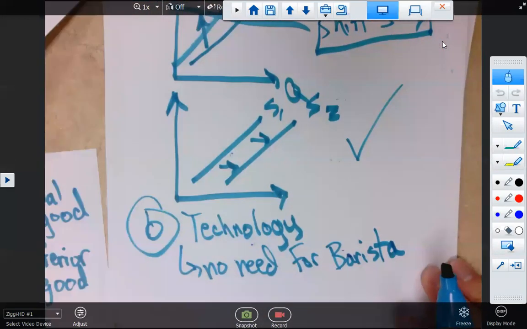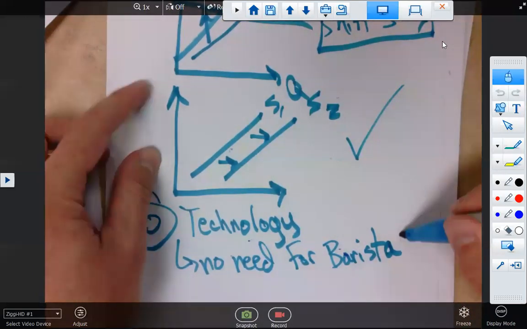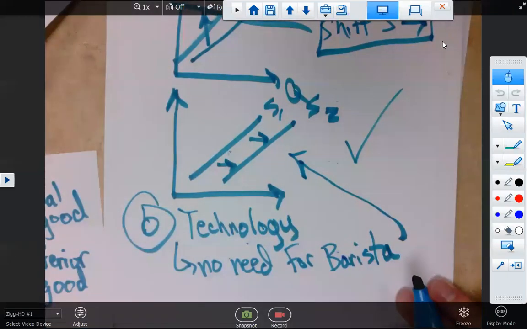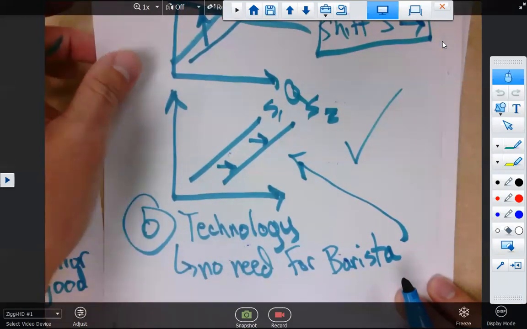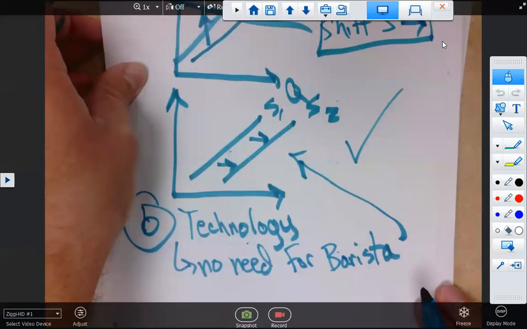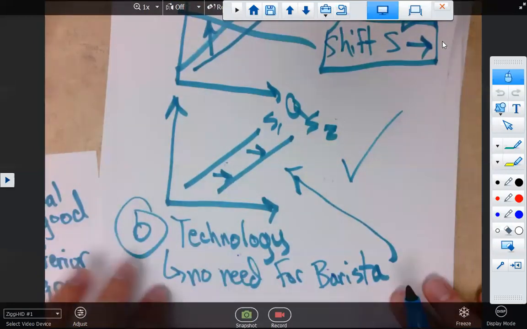So as technology becomes more efficient, there's going to be a rightward shift in supply. Does that make sense to everybody? No? Yes? If there's better technology.